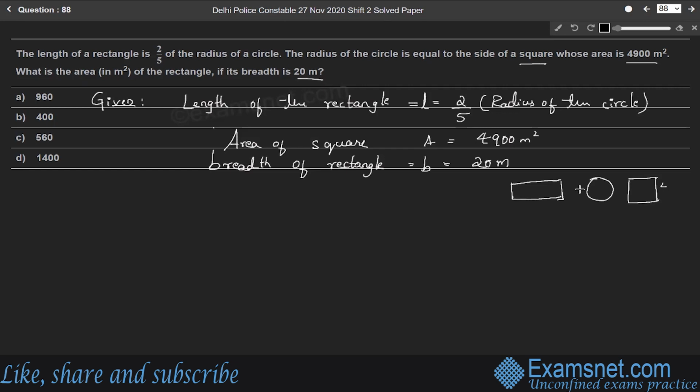Here the area of the square is given as 4,900 meters square, and the radius of the circle is equal to the side of the square. So here R is equal to the side S of the square. Now the length of the rectangle is 2 by 5 times the radius of the circle. So here L is equal to 2 by 5 times the radius of the circle. Now we have to find the area of the rectangle, right? So here, the formula to be used.